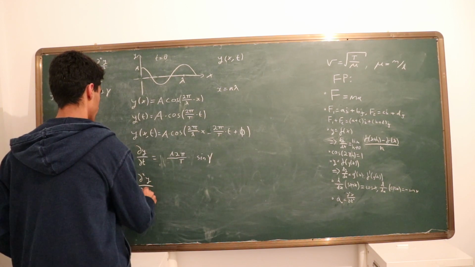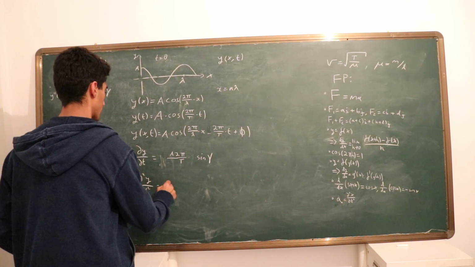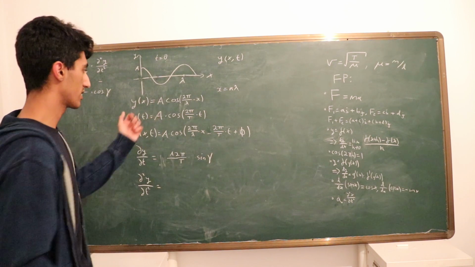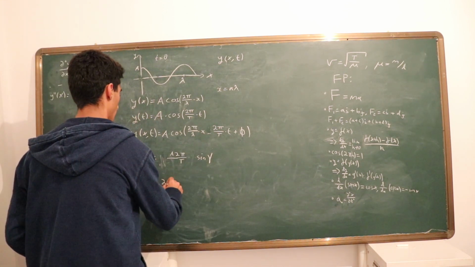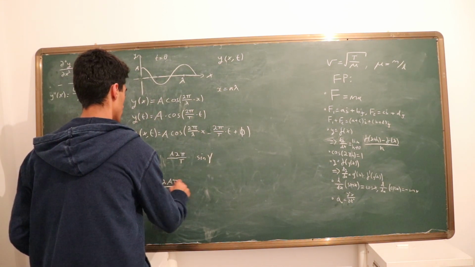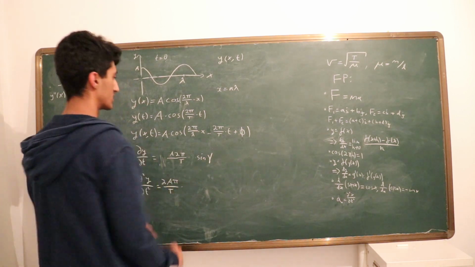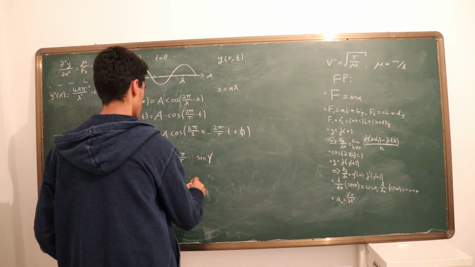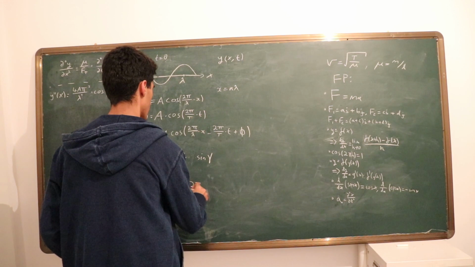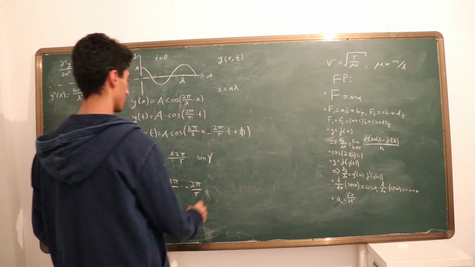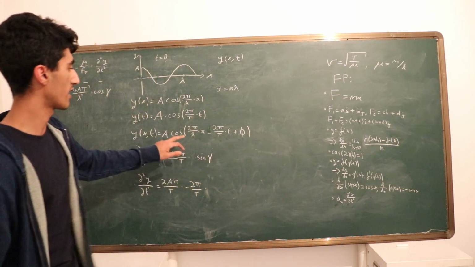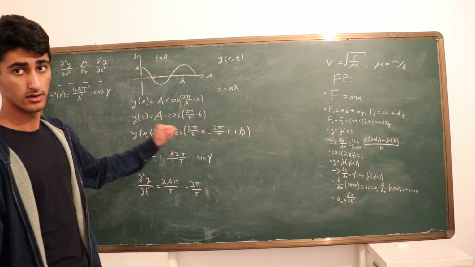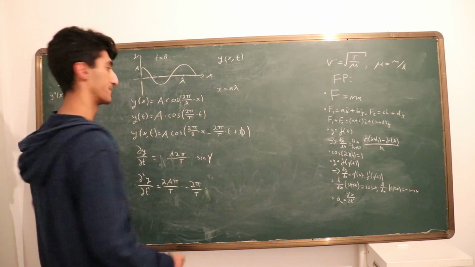the second derivative of y with respect to t, this is constant, take it out again, so you're going to have 2a pi over t times this coefficient, so it's minus 2 pi over t times the derivative of the outer function, which is just cosine of gamma.